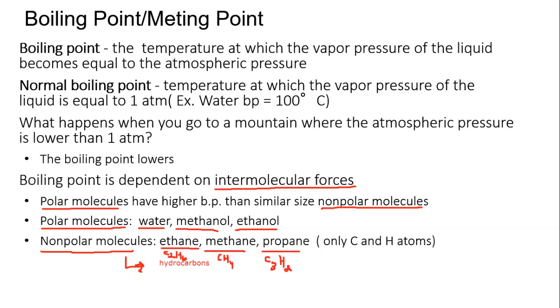So you notice in all of these they only have carbon and hydrogen, which is a good indication that you have a nonpolar molecule. So again, boiling point is dependent on the intermolecular forces. Polar molecules of similar size compared to nonpolar molecules of similar size have a higher boiling point than nonpolar molecules. And these are some examples of polar and nonpolar molecules.